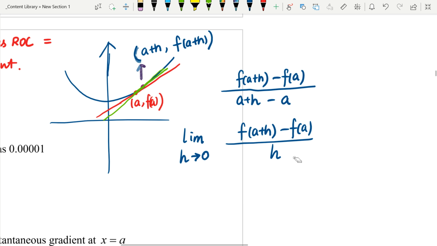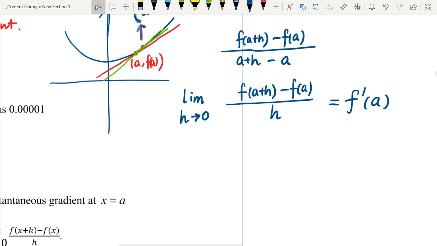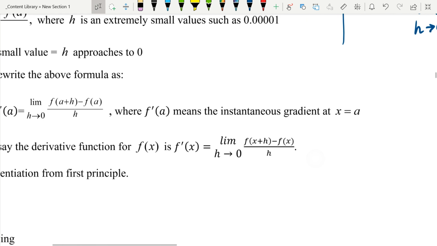When h gets closer to zero, they have the same gradient. So I can write that equals f dash a. F dash is the gradient function. The gradient at point A can be evaluated by this method. Let's highlight this one.